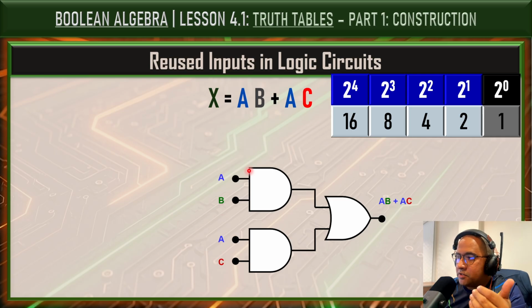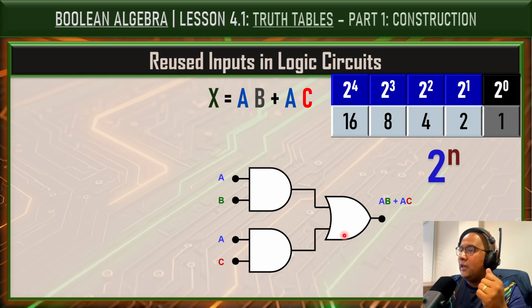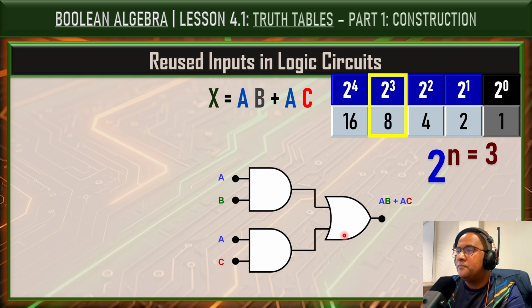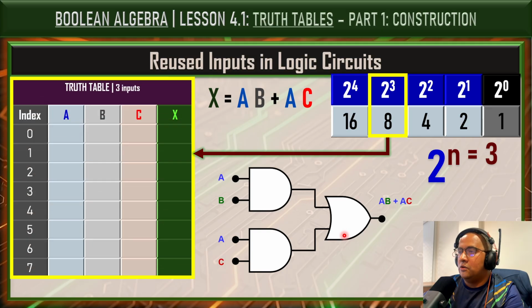To count the inputs of the circuit, we count only the distinct external inputs. In this example, the inputs are A, B, and C. So this circuit has 3 inputs, not 4. Therefore, n equals 3. So we calculate 2 to the power of 3, which gives us 8. The truth table will have 8 rows, okay?